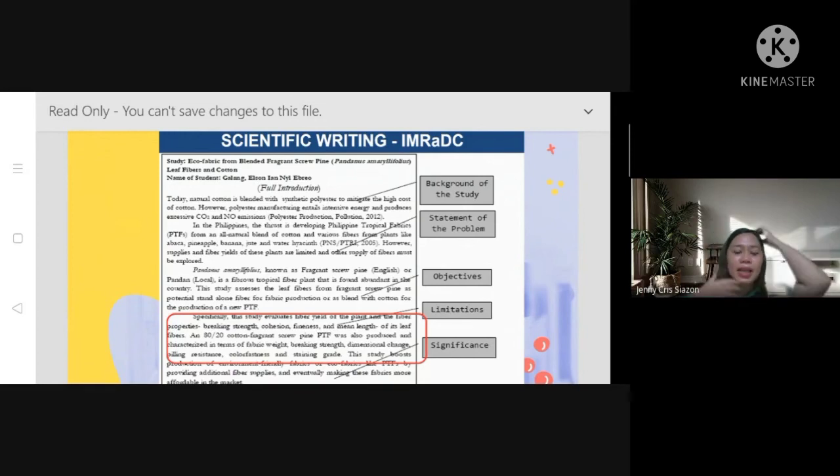So pinapakita sa atin na ito lang yung focus ng study ko. Ito lang yung sakop ng study ko. Walang ibang properties ang itetest ko or pag-aaralan ko dito sa study ko. Iikot lang yung properties ng study ko sa 4, no? Breaking strength, cohesion, fineness, and mean length. Okay, so ganyan yung mga scope and limitation. Detailed pa rin siya.